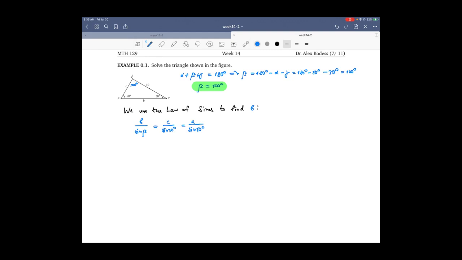So we don't really need the middle part. We need this and this. So we know a, that's 10. And from here we can immediately find, actually we can find both b and c.